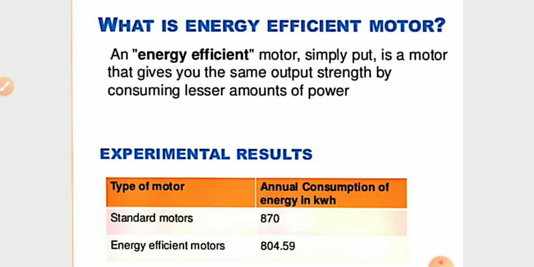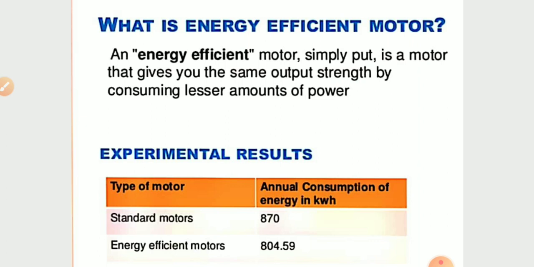A lot of research has been done to reduce the losses in the induction motor. As a result, premium efficiency and super efficiency class motors are available in the market.